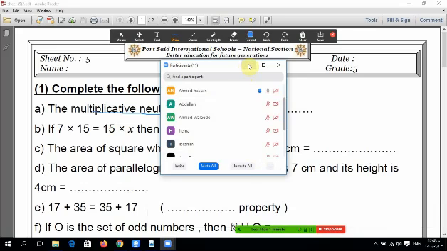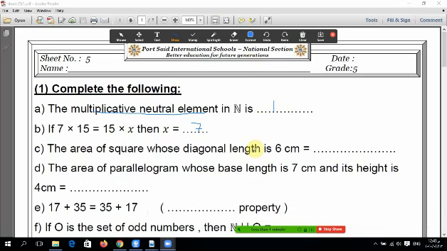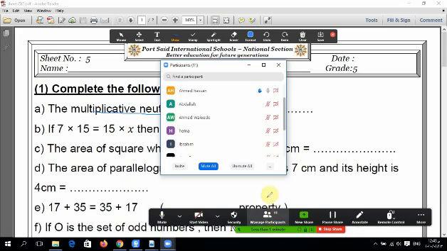The next question is geometry. Who can answer it?